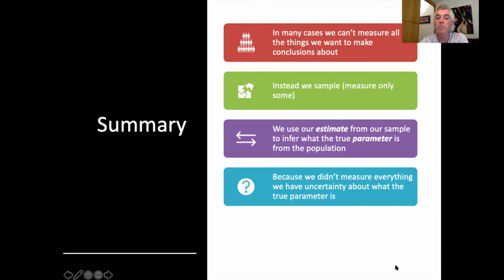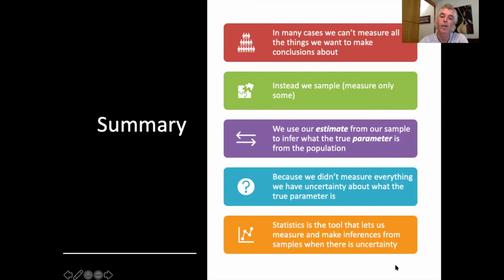But because we didn't measure everything in the population, we have some uncertainty about what that true parameter is. Our estimate is our best guess, but we don't really know for sure. And statistics then represents the tool that lets us measure things and make inferences from samples when we have uncertainty about what true population parameters are.